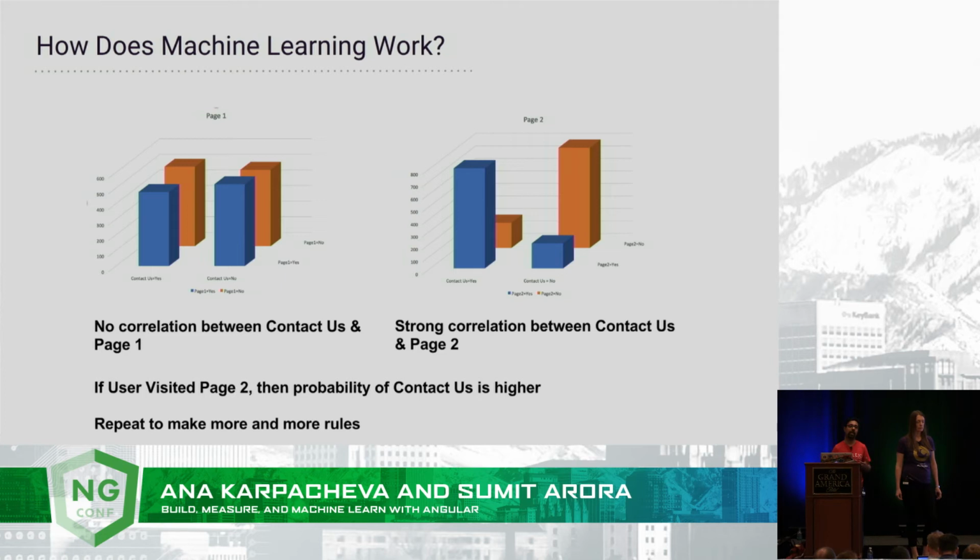I would probably navigate a couple of pages and then subscribe after knowing more information about the website. So over here, you can see there's a strong correlation with page 2, but there is no correlation with page 1. So what the machine learning algorithm does is it takes these correlations, it can be hundreds and thousands depending on the data you pass, and generates the model, which I'll show you next.